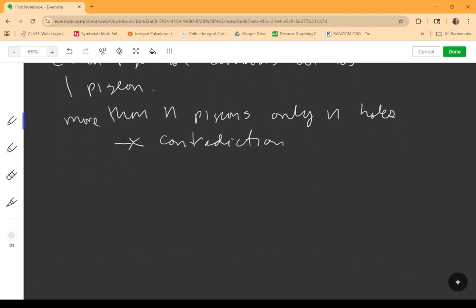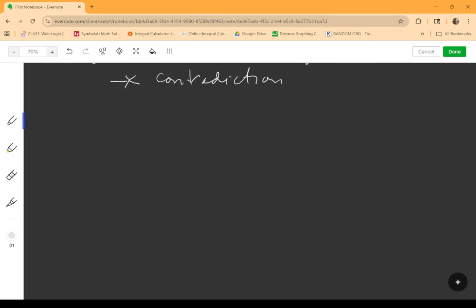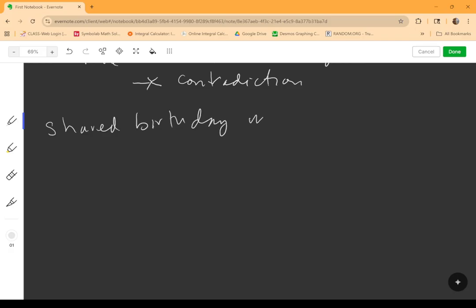Another way to think of this, think of if you're in a group of people, and you're looking for shared birthday months. When are you guaranteed to have two people share the same birthday month? Right now, we could have just two people.